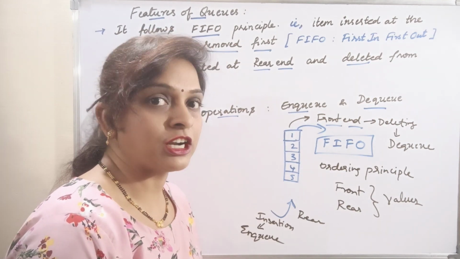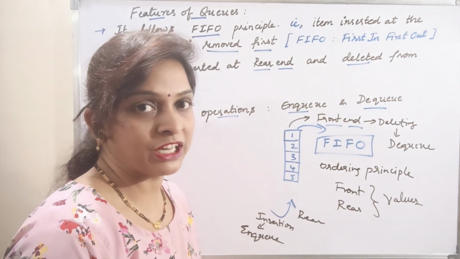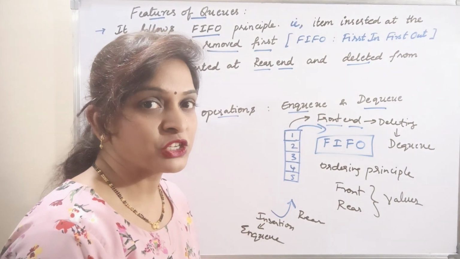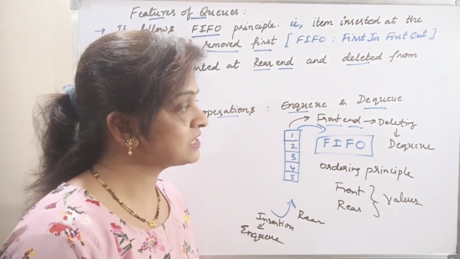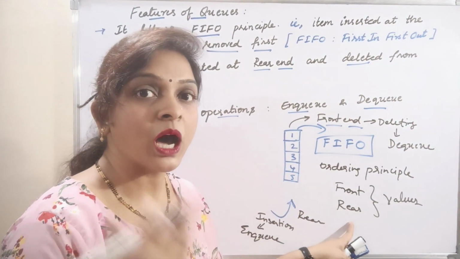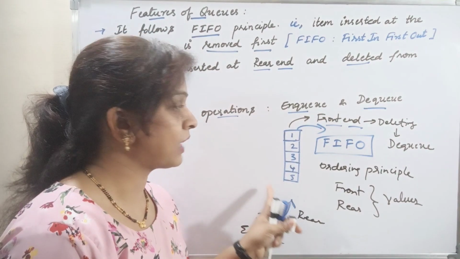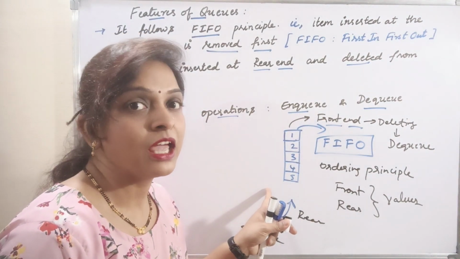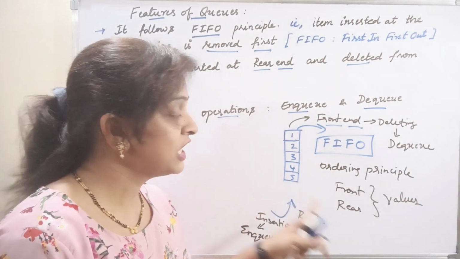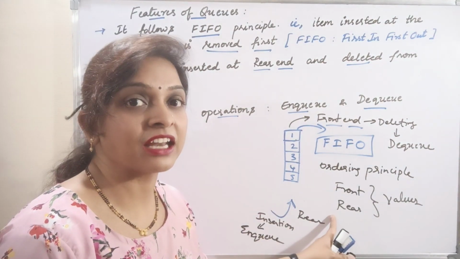How about the front pointer values and rear pointer values? Let us understand all these things in the next video. So stay tuned to my channel. We will be understanding the values of front and rear and how these data elements are represented in the memory. So we will understand the memory representation of queues with the front and rear values.